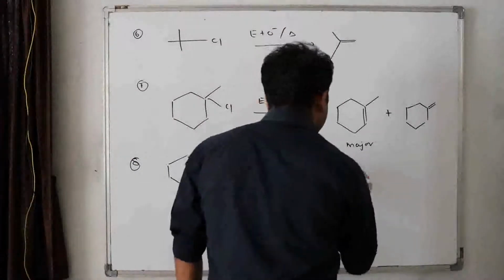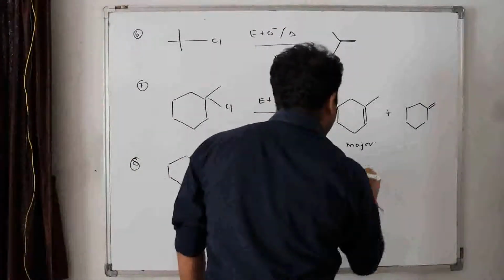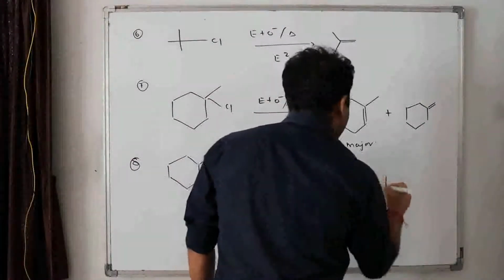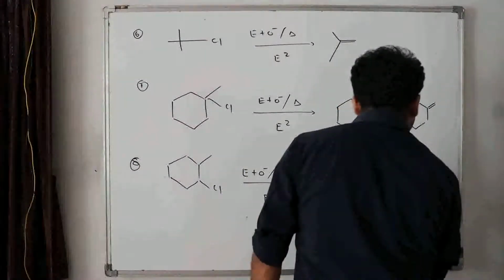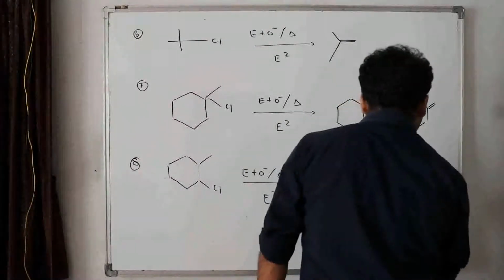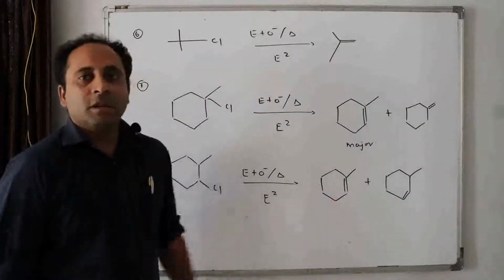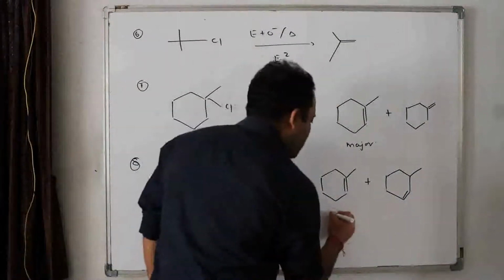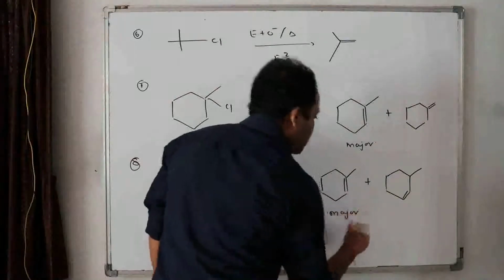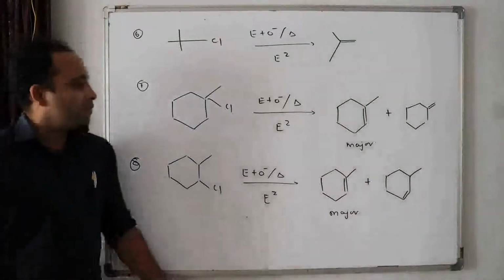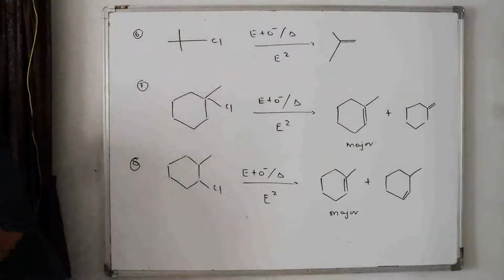Can I get something like this? And also this. Now tell me which will be the major one. Obviously this one, because more crowding. So this will be the major one. Easy? Copy it down.